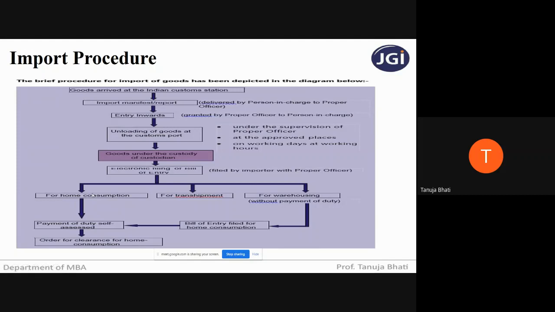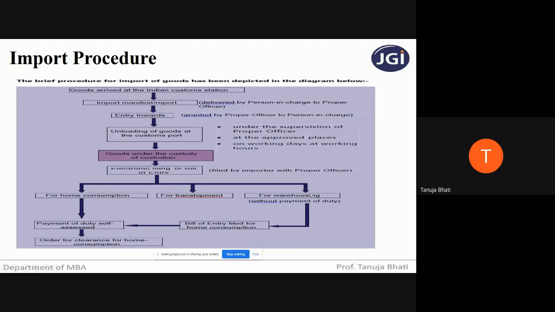Once the custom duty is paid, the goods can be taken for home consumption. Or suppose from the Indian custom station, the goods have to be transshipped to some other country. So for transshipment also the bill of entry can be filed.